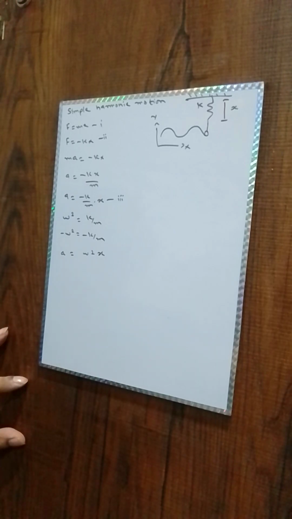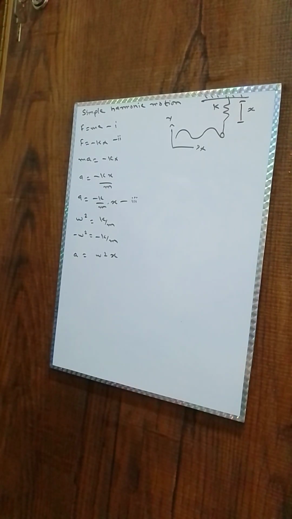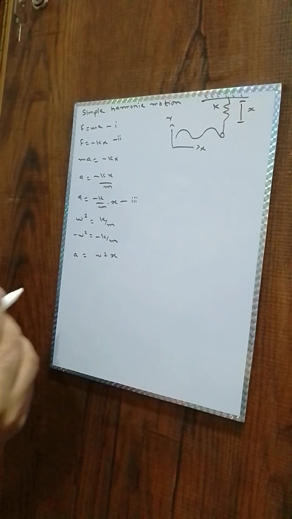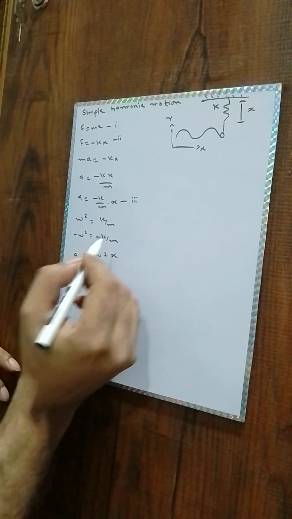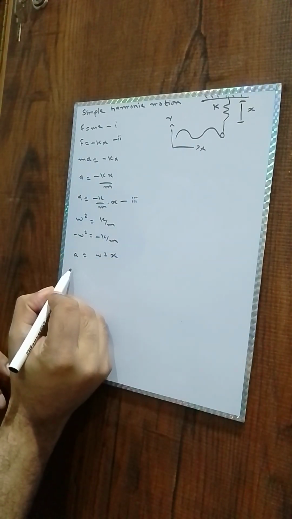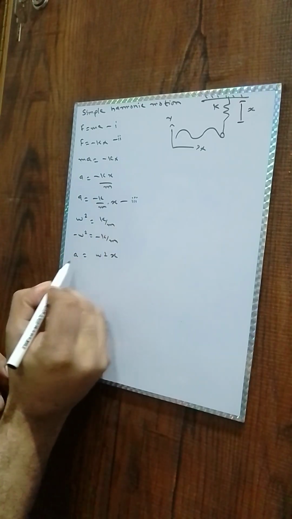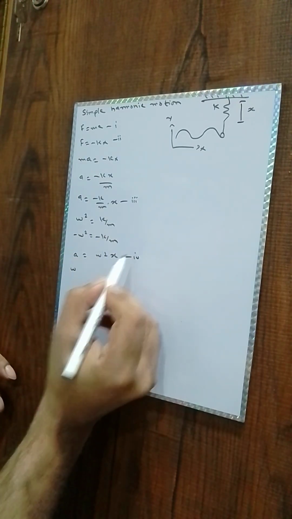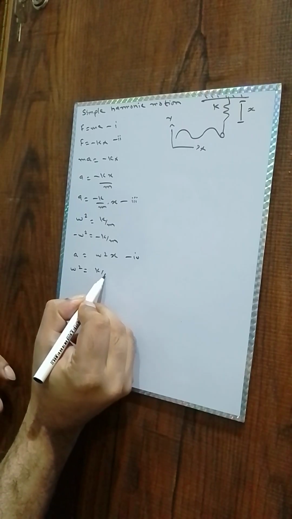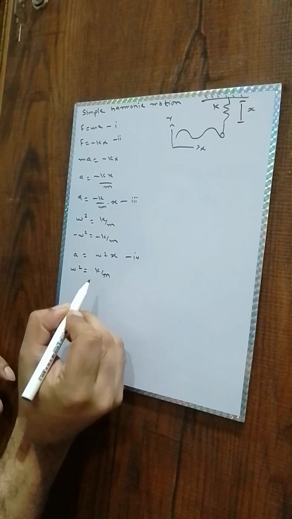Okay, so in this situation, we get back to this equation which says omega square is equal to k by m.